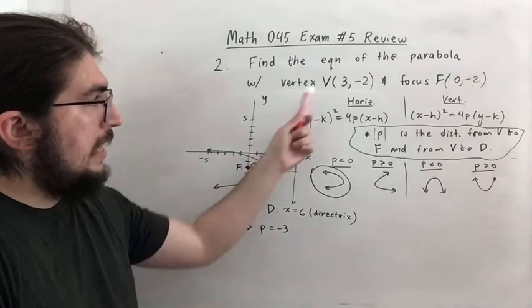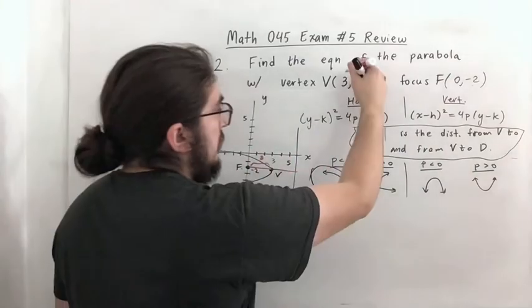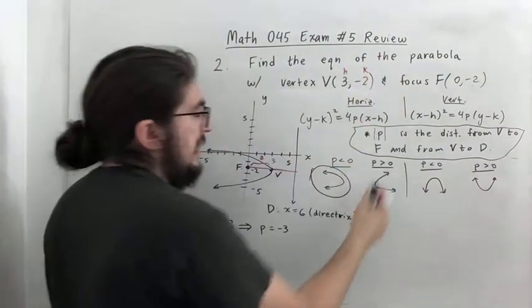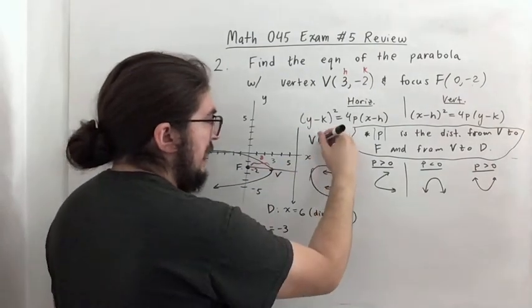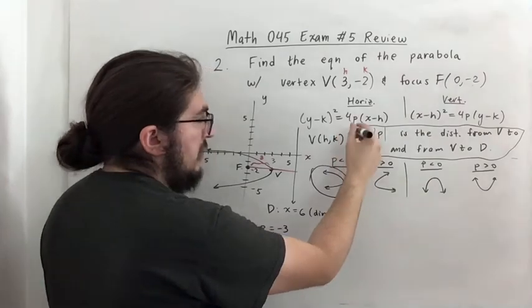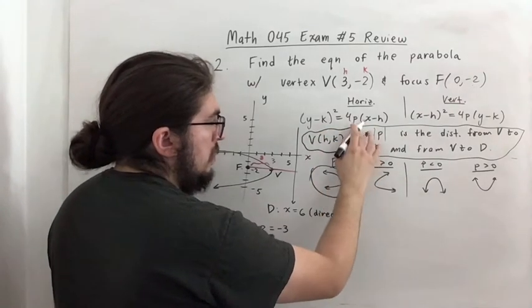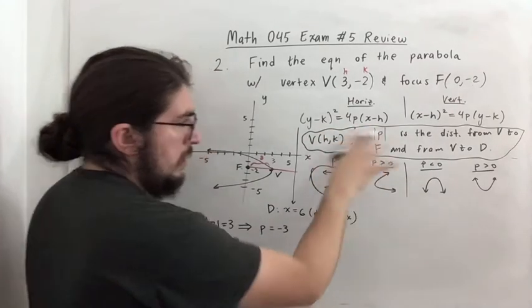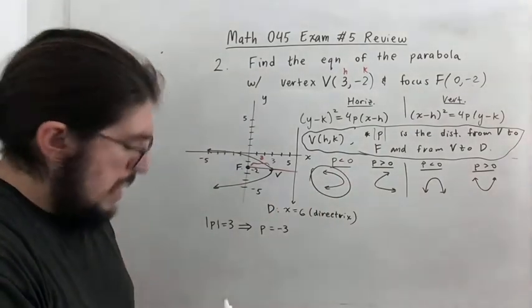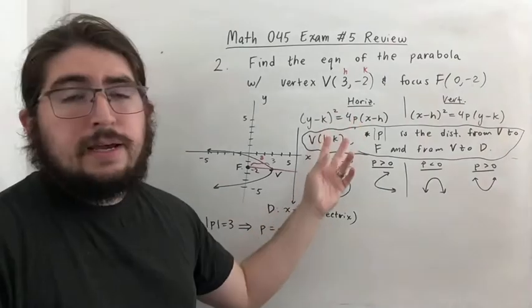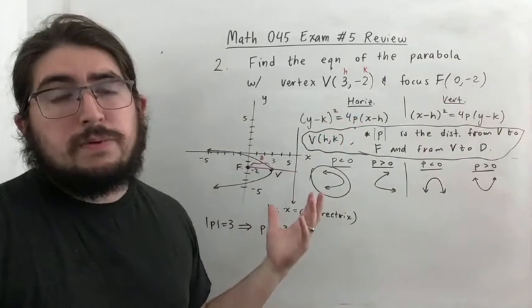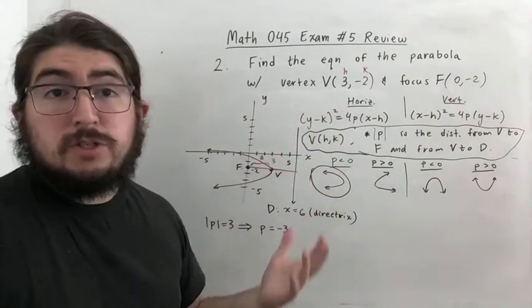And the vertex is h comma k, which I didn't actually say here. So maybe I should have also emphasized that the vertex is h comma k for both of these scenarios as well. So let me put those in one note here in between. And with that being said, notice for each of these, all we really need is h, k, and p. X and y stay x and y. Those are variables. But p, h, and k, those are actual numbers.